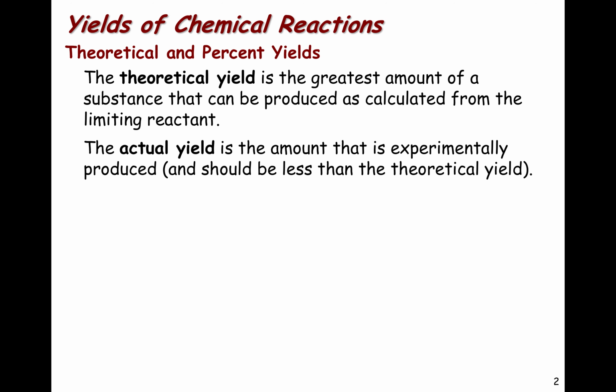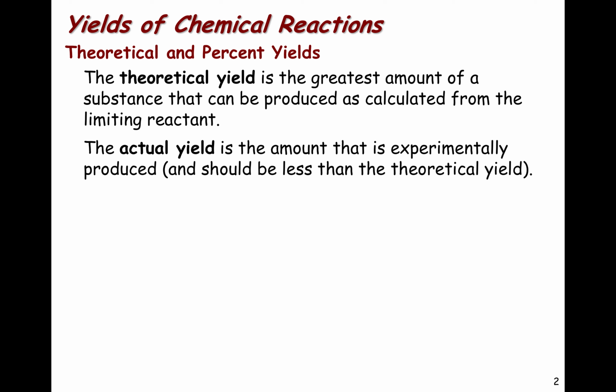In addition, then, we have the idea of an actual yield. This is the amount of that product that you get by actually going in the laboratory and doing the experiment. In many cases, this is not exactly the same as the theoretical yield due to a variety of potential sources of error.